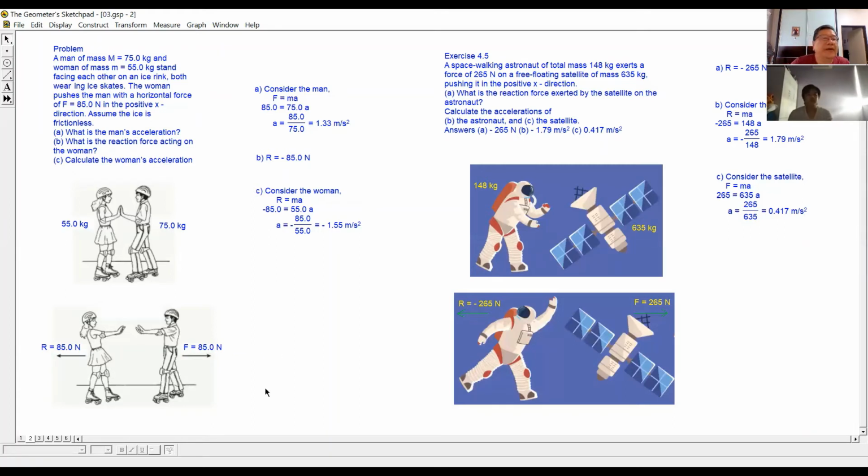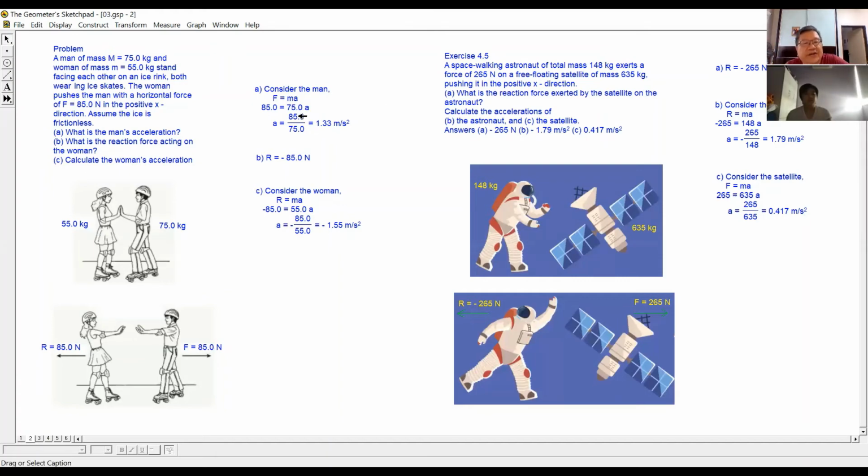Okay, so we are going to use Newton's second law, which states that F equals ma. And we apply this formula, F equals ma, on the man. So the force is 85 Newton, the mass is 75 kilogram, and how much is the acceleration?